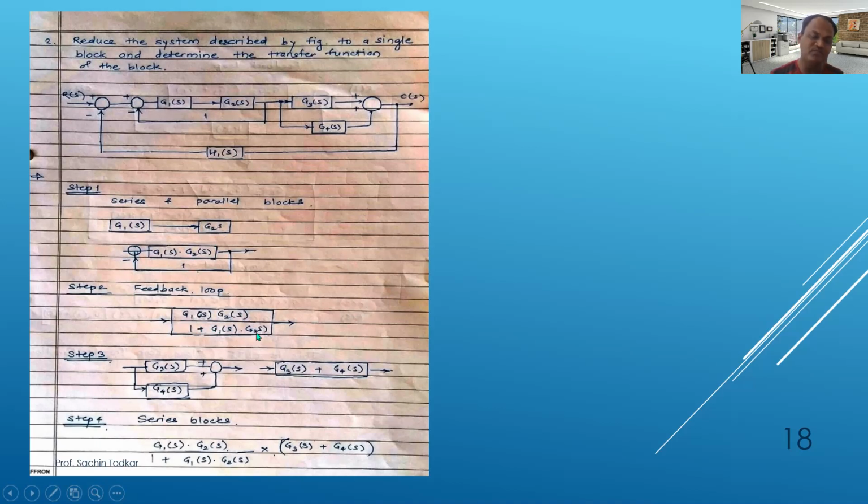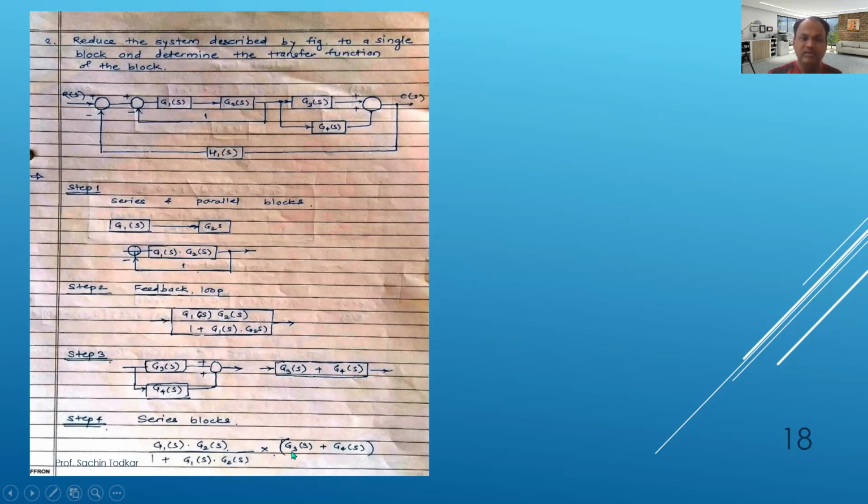As it is 1, there is no effect on that particular entity. Now in the third step, what will happen? You are going to add these two blocks because they are in parallel. So it becomes G3 plus G4, and this G3 plus G4 will be multiplied with this because it is in series.